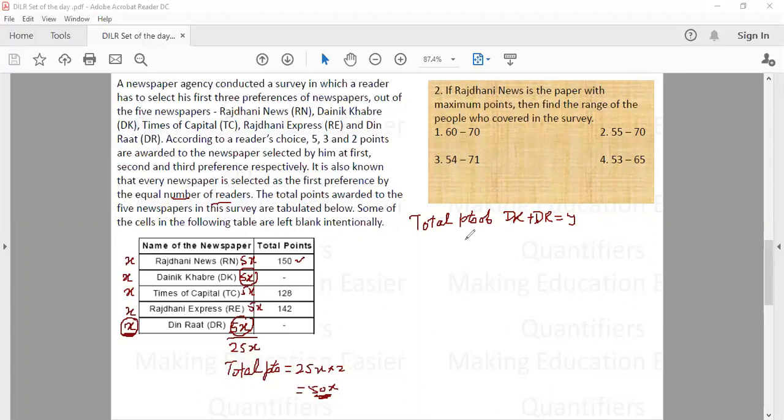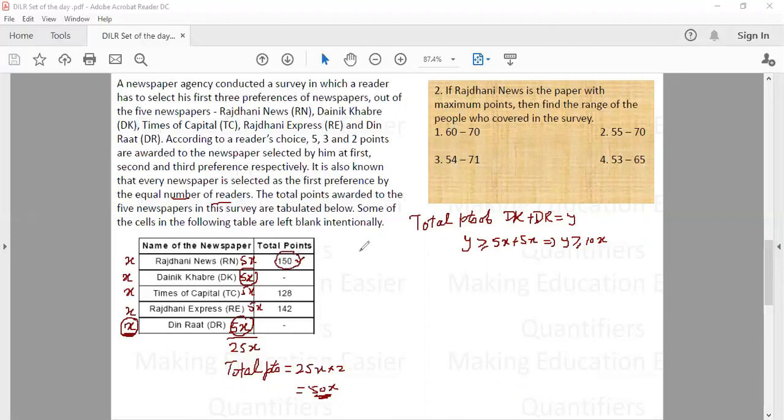So I can say that this value of Y, which is the total points of these two papers, must be greater than or equal to 5x plus 5x. So it should be more than 10x, right? Also, Rajdhani News got the maximum points, which is 150.